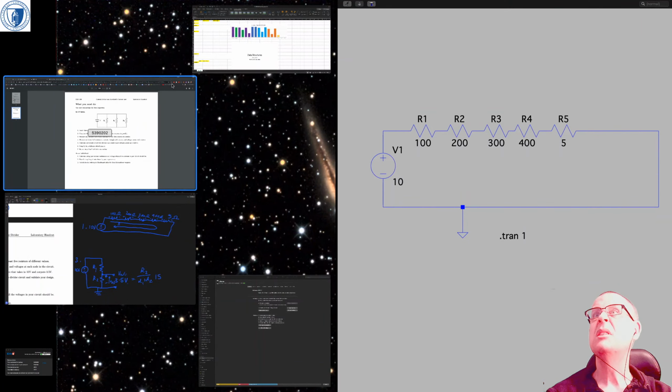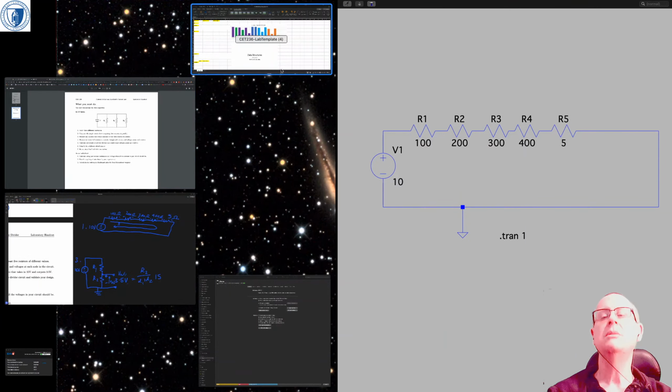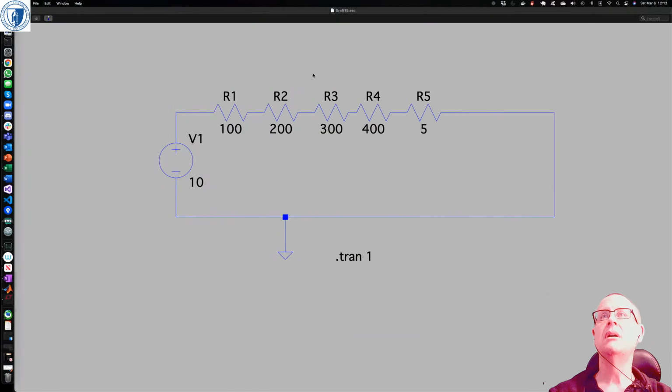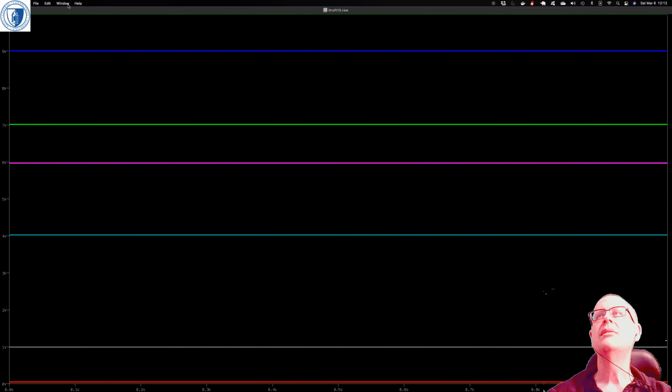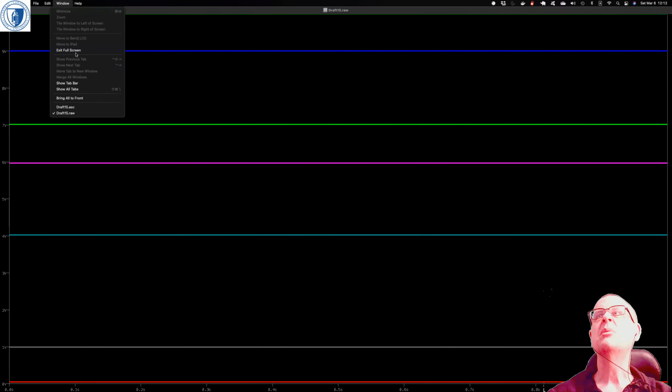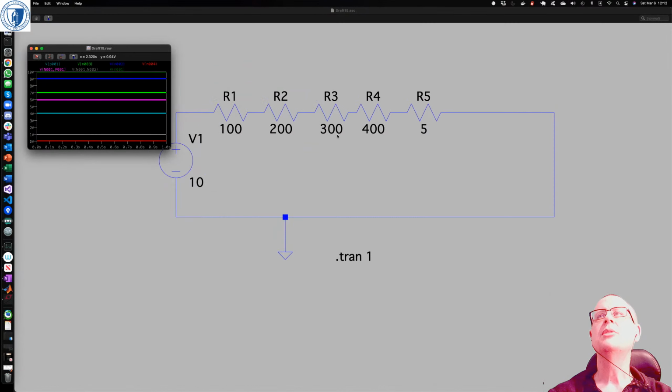And do I have a... Nope, I don't have it. So let's just run that again. Oh, there it is. So that one I want to exit full screen. That's why it didn't show up.